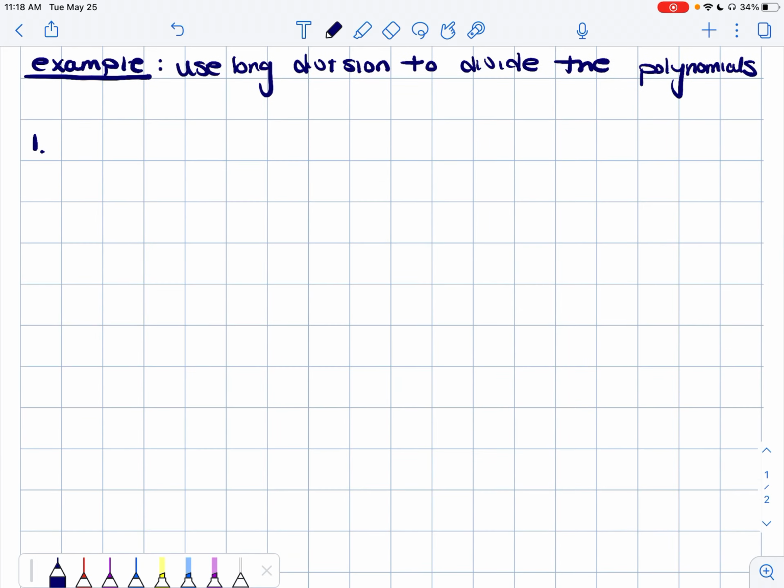Okay, so let's say we wanted to divide x squared minus 2x minus 35 by x minus 5.